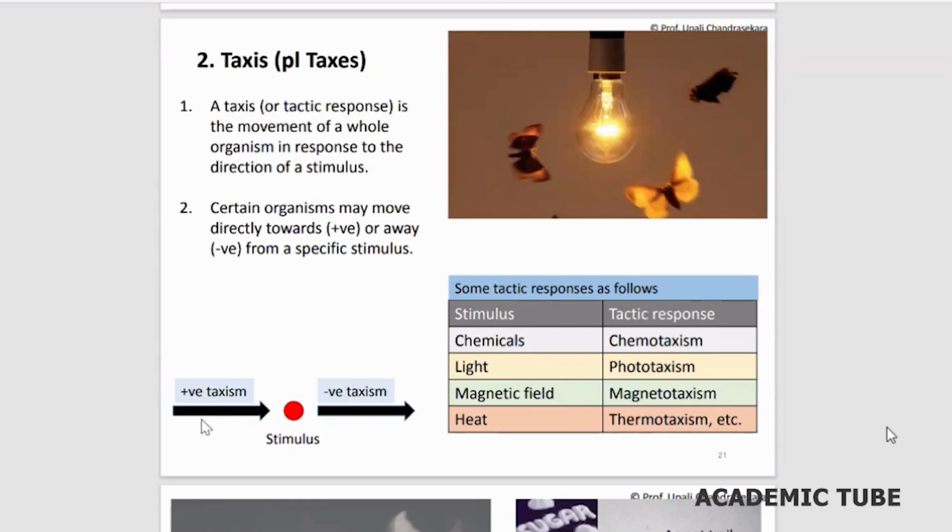Moths show positive phototaxism. Why do I use photo? This is light. And sometimes animals move towards chemicals as well. Then it is chemotaxis. Sometimes to heat, that is thermotaxis.